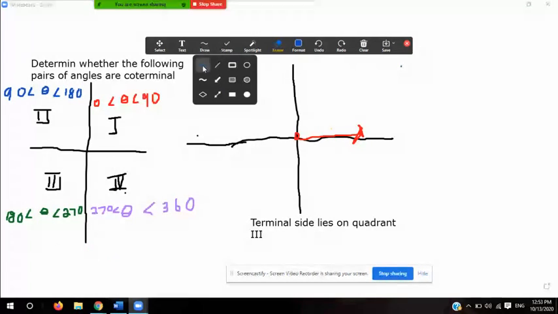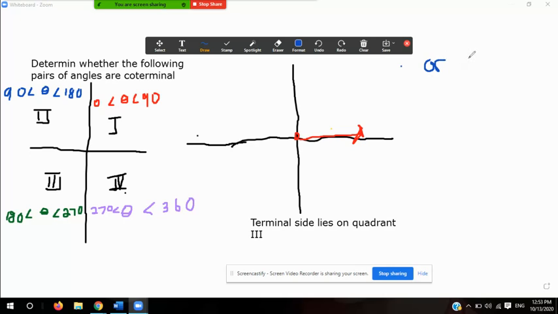So alpha right here is going to be 20 degrees, and beta is actually going to equal 740 degrees.